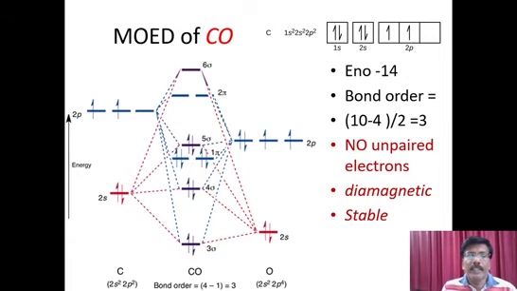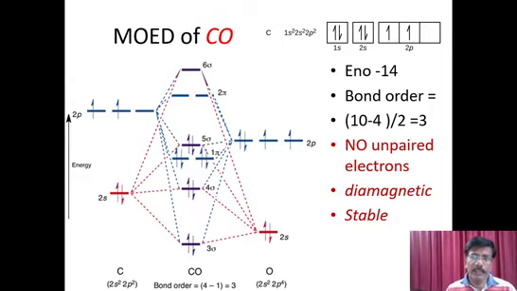Okay. Now here you see carbon monoxide, CO. Now already you know the combinations of carbon and oxygen. Carbon electron configuration is 6, 1s2 2s2 2p2, and oxygen is 1s2 2s2 2p4. So for carbon and oxygen, 1s is the same for both, 2 electrons, and 2s is also the same, 2 electrons.